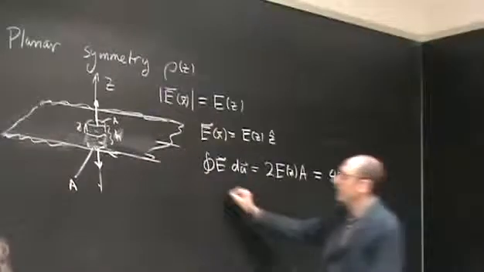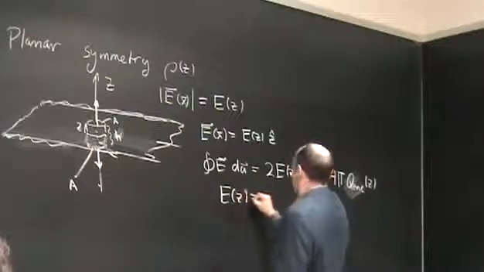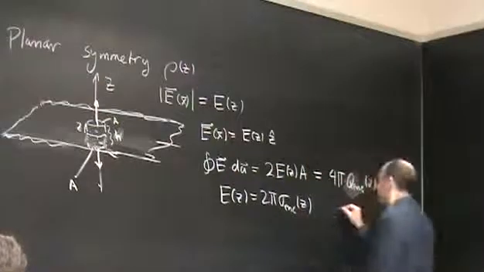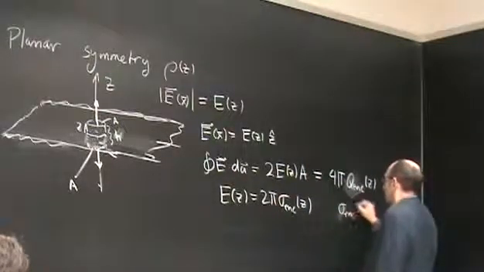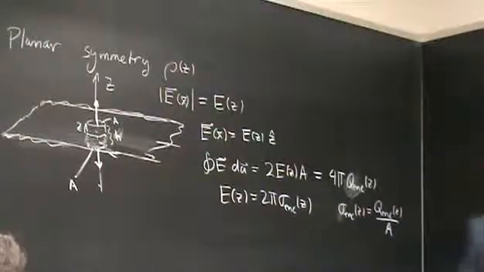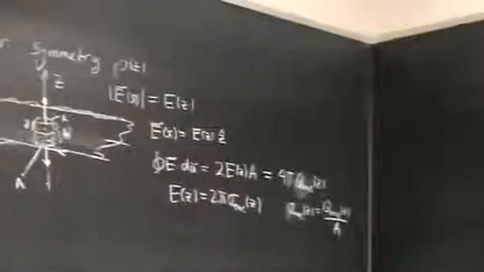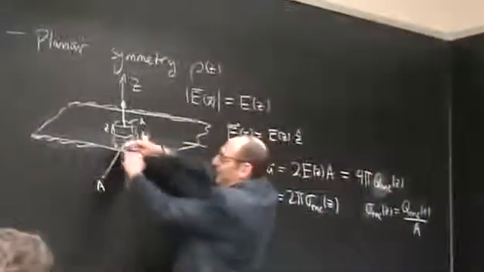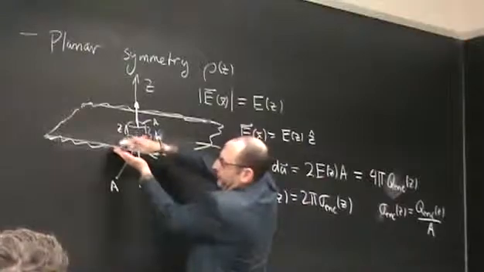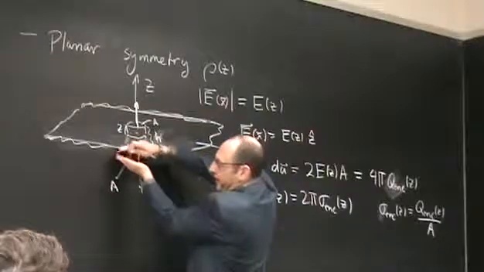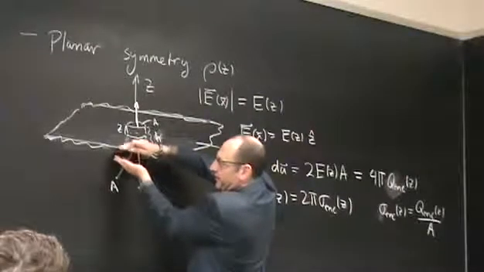And so this tells me that the electric field strength is 2 pi sigma enclosed at that z, where sigma is the surface charge density. Of course, if this charge distribution had some thickness, then the charge enclosed varies as I'm inside that charge distribution.